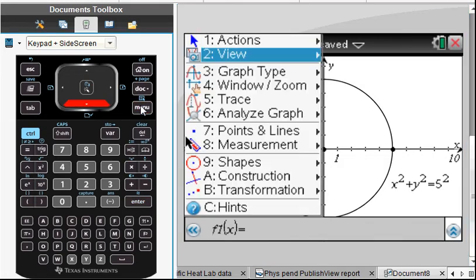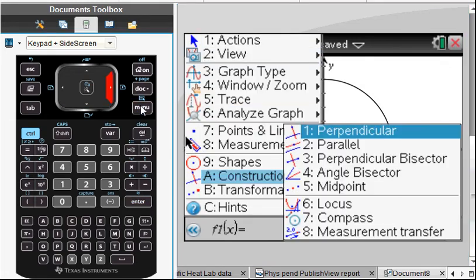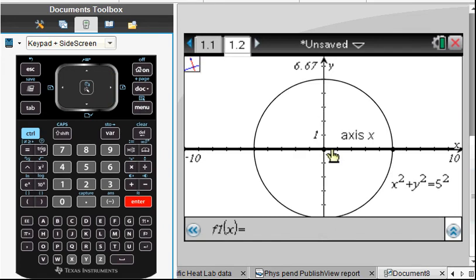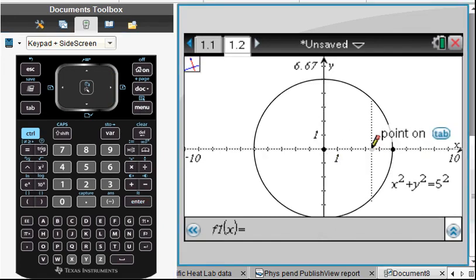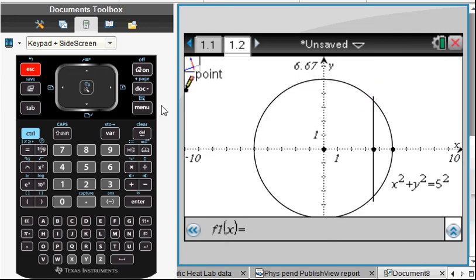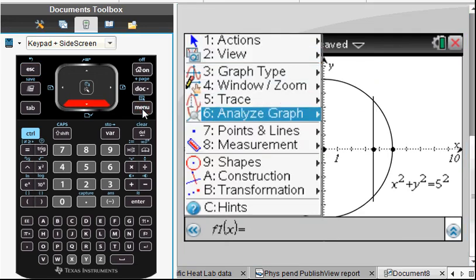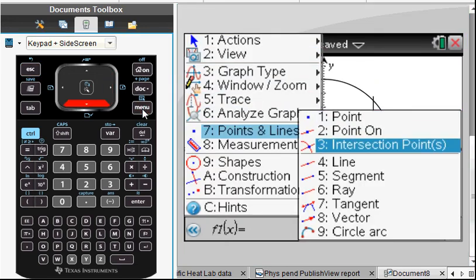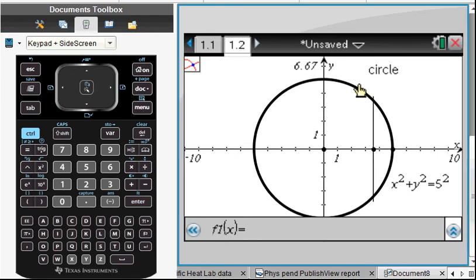Next, I want to make a rectangle. In order to do that, I'm going to use this construction tool called perpendicular. So I want to have a perpendicular to this, and then a perpendicular line. I need it to intersect, so let's use the intersection tool: points and lines, intersection. Let's get the intersection of this and this. That should work nicely.